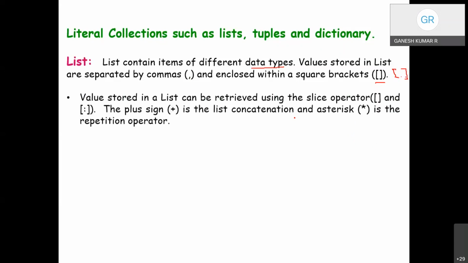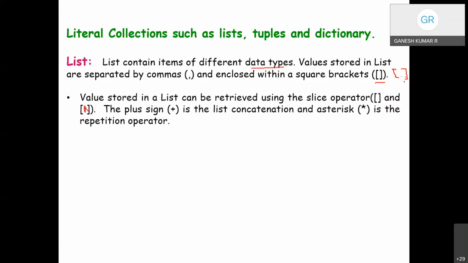The values stored in the list can be retrieved by using the slice operator. We have seen the colon, right? The colon is a slicing operator used to retrieve substrings. Similarly, the data members are retrieved.